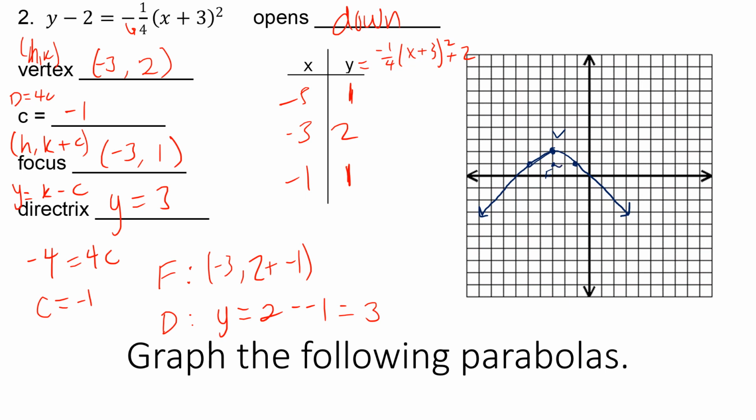This space right here is 2 times C. Then my directrix is at y equals 3. And that should be the graph.